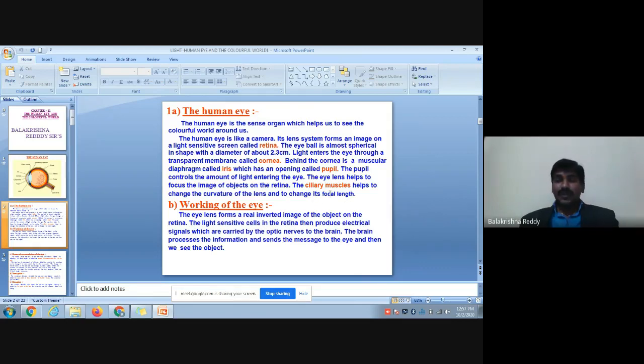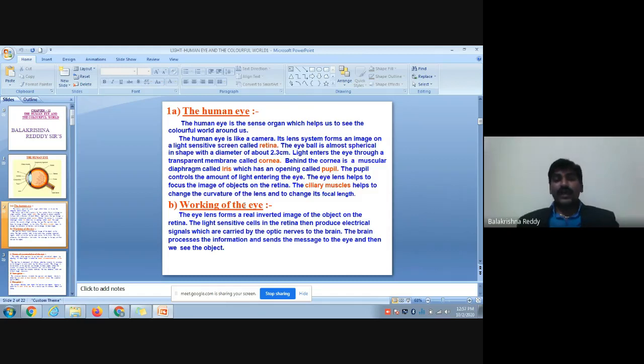Depending on the intensity of light, or when you are seeing small objects or larger objects, there is a contraction and expansion that takes place in the eyeball. We usually do that with our human eye, like raising your hand and keeping it. In such a case, the ciliary muscles play a very good role. If the ciliary muscles are weakened, that leads to eye defects, which we will discuss.